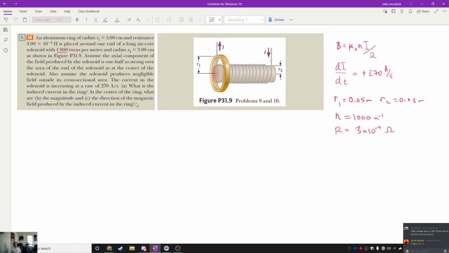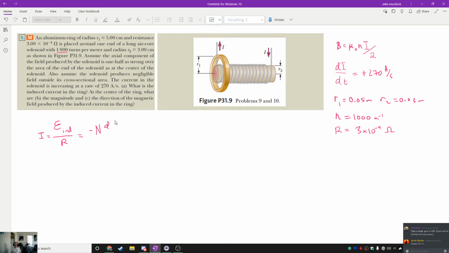And that's it, right? First part is, what is the induced current in the ring? So we obviously want to use Faraday's law. And to find current, we basically just take it, divide it by the resistance. So this is going to be negative N, where N is the number of turns in the thing that's having the EMF induced in it. So that's going to be the gold ring right here, and then times d phi dt.